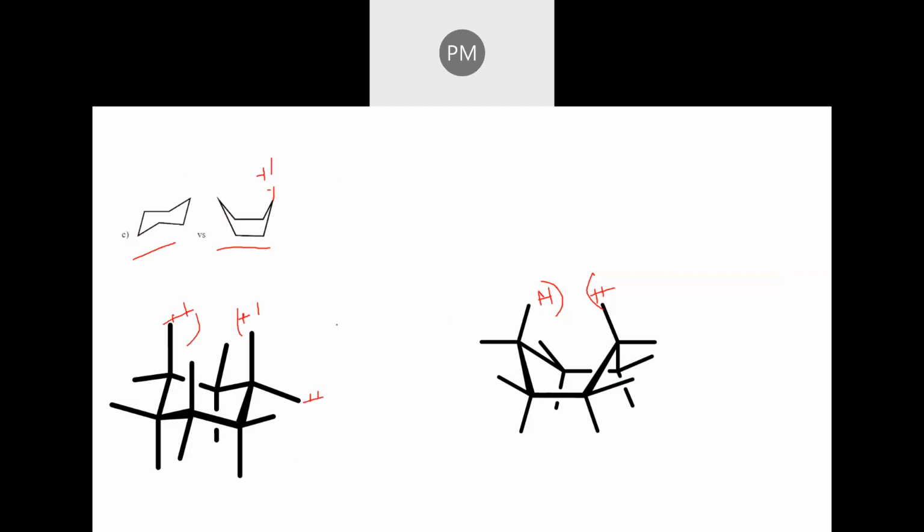So this conformation is more stable as compared to the boat conformation. So for normal cases, between chair and boat conformation, the chair conformation is more stable, and the boat conformation would be the less stable.